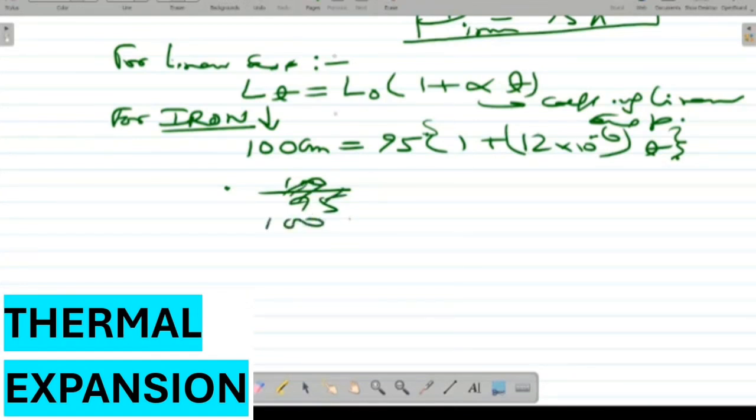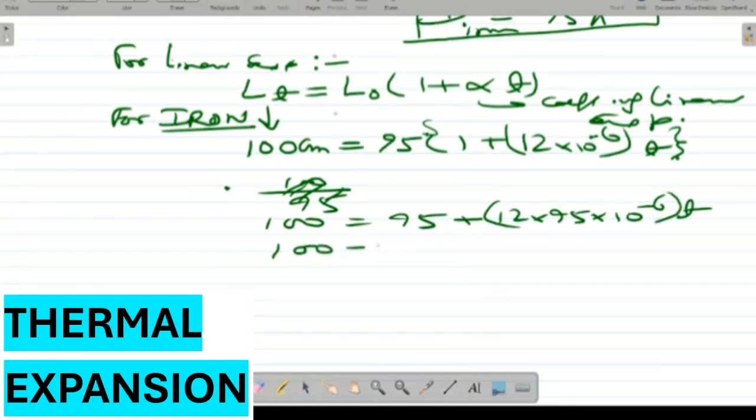Just multiply the RHS. 100 equals 95 plus 12 into 95 into 10 to the power minus 6 T. So here all things are known except T. So we can calculate it very easily. 100 minus 95, divided by 12 into 95 into 10 to the power minus 6, will be equal to the temperature.